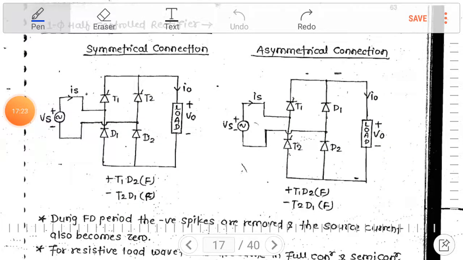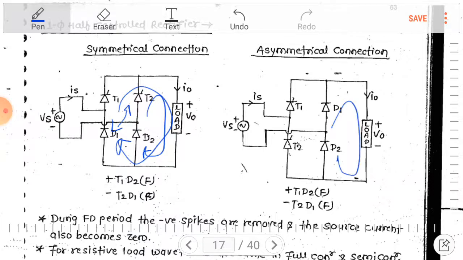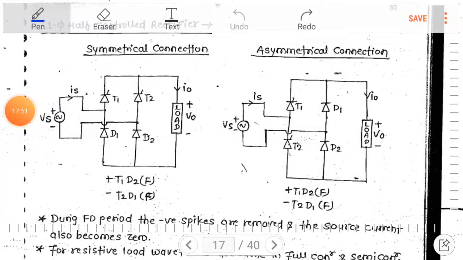In the two connections there is only one change, the cross connection of T2 and D1. So in the freewheeling period either T2 D2 or T1 D1 will conduct in symmetrical connection, and in asymmetrical connection only D1 and D2 conduct in the freewheeling period. So asymmetrical connection is preferred because in freewheeling only diodes are conducting.